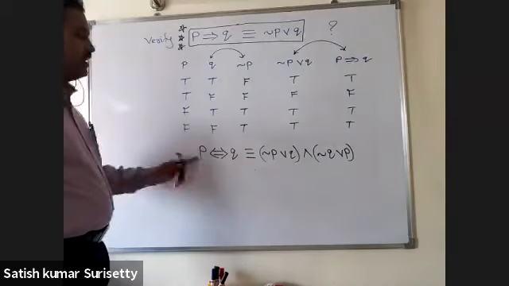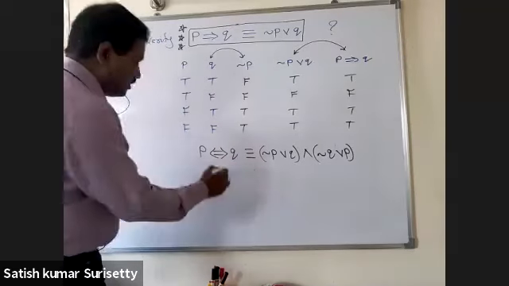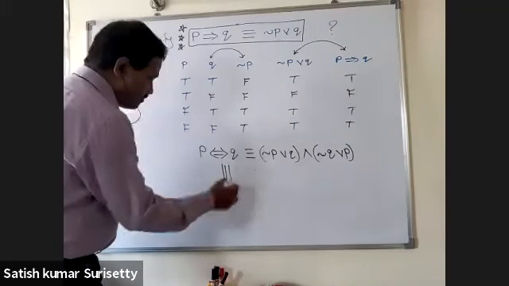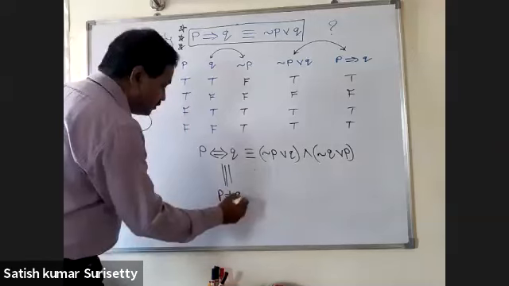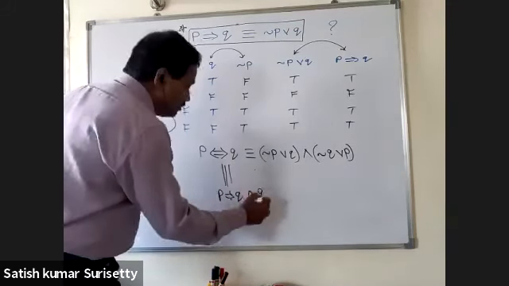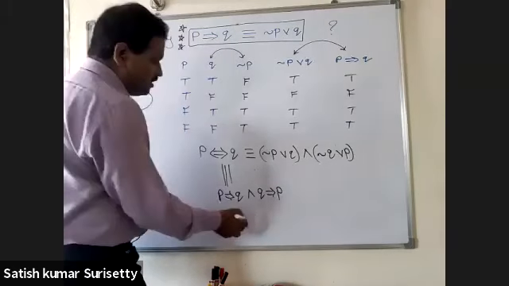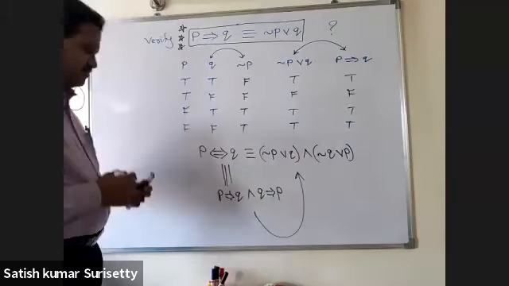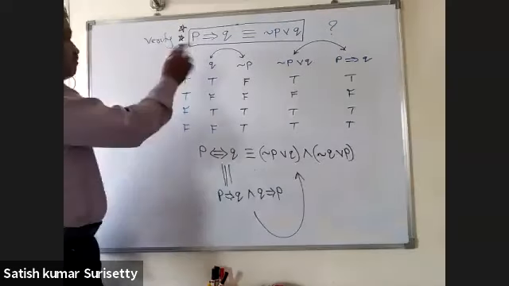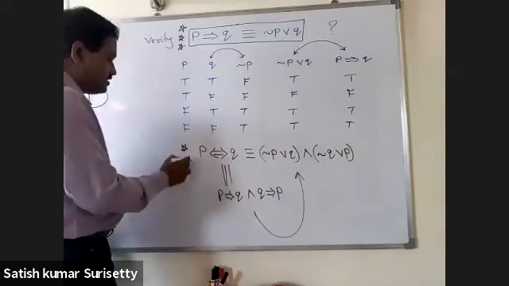Because P double implies Q is the same as P implies Q and Q implies P. So using the above, you can write this. So remember both: P implies Q as well as P double implies Q.